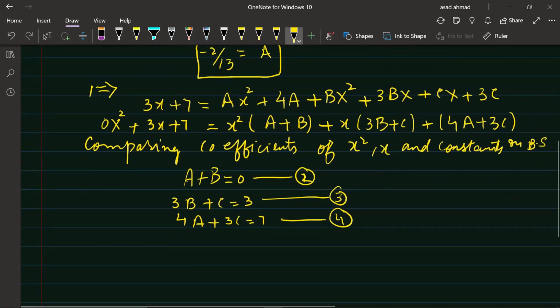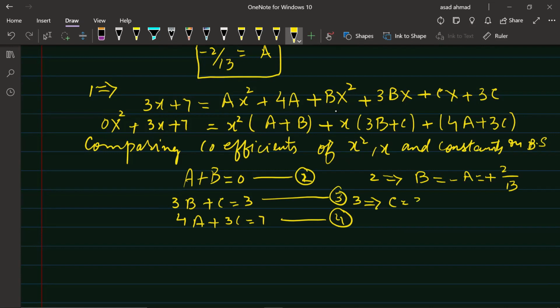We have already calculated a. So again from equation number 2, we will get the value of b, that would be equal to minus a, and a is written above in the box. Simply substituting the value, it will become 2 over 13. Now we need to find the value of c, that can be calculated right from equation number 3 easily.